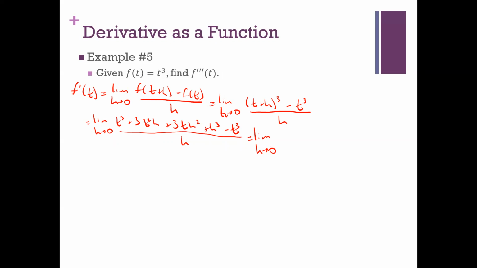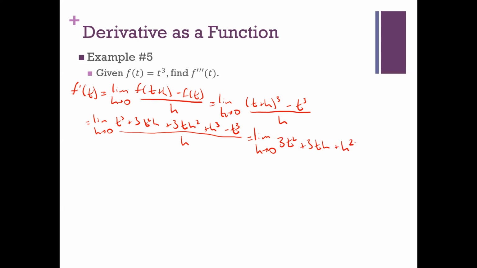So the t cubed and the negative t cubed are going to cancel out. And then from there, all the terms I have left in the numerator are going to have an h that gets canceled with the one in the denominator. So that leaves me with this limit, 3t squared plus 3th plus h cubed, not h squared.